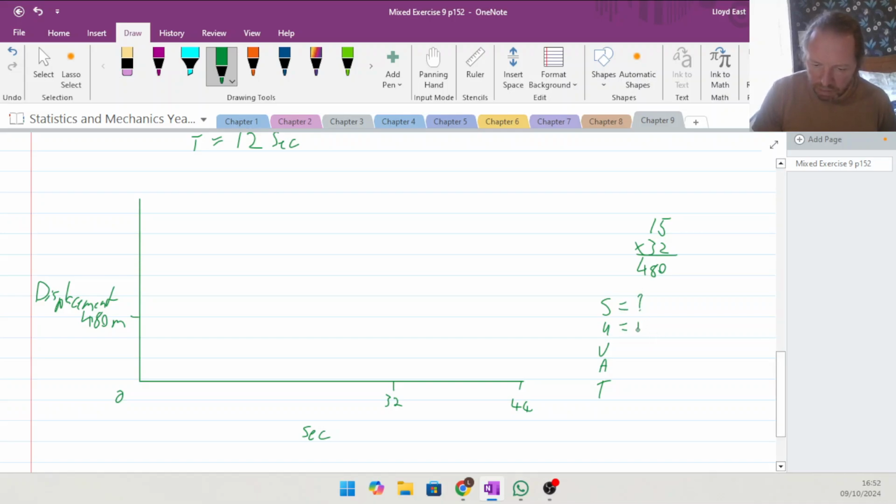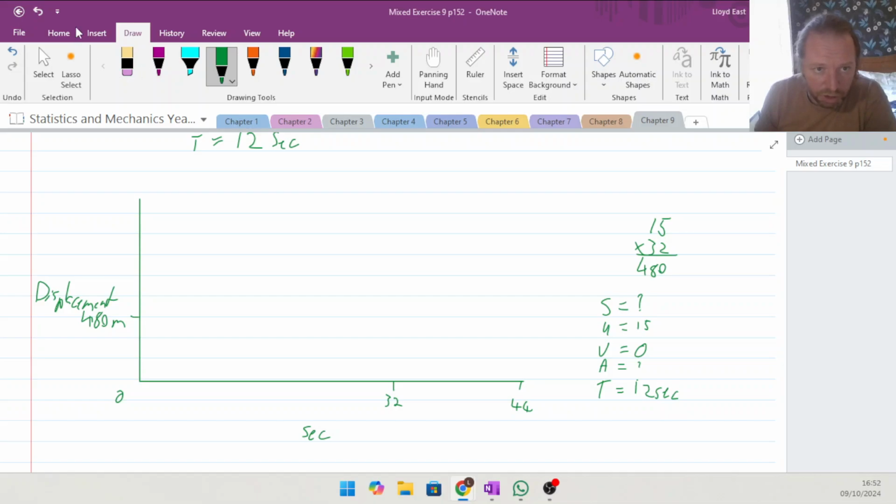The initial speed was 15, the final speed was 0, the acceleration I don't know, and the time was 12 seconds. So grabbing the suvat equations, which are in the book and are available for you, which one is it?